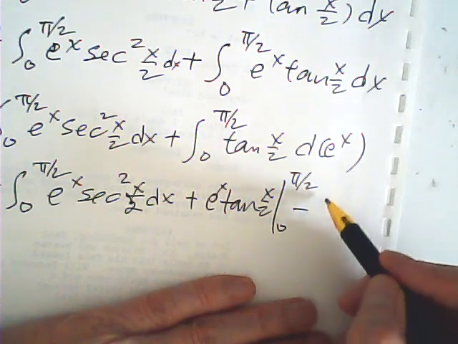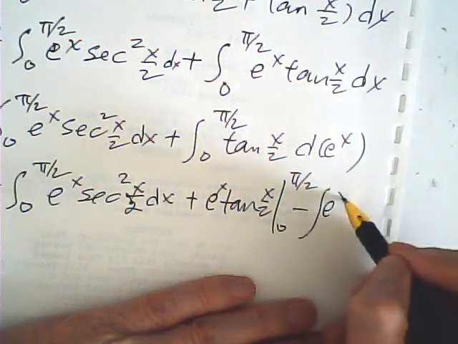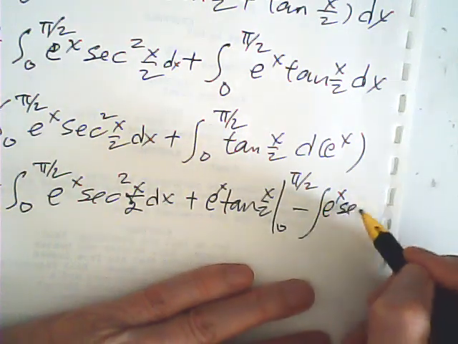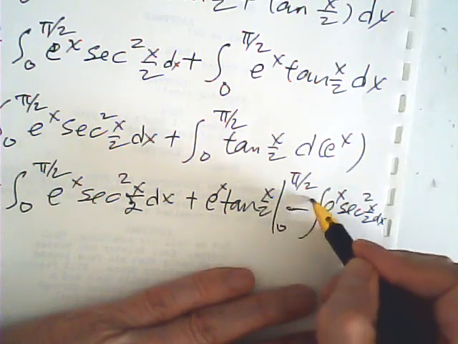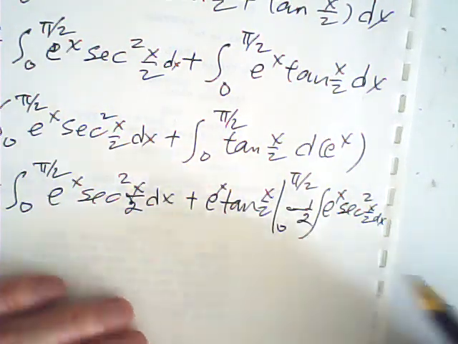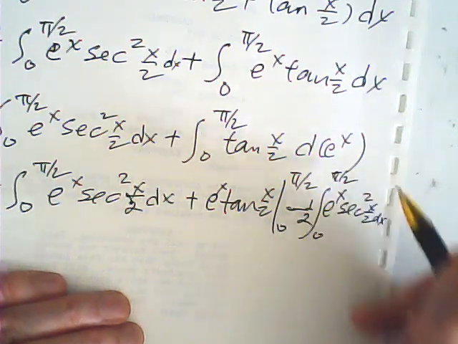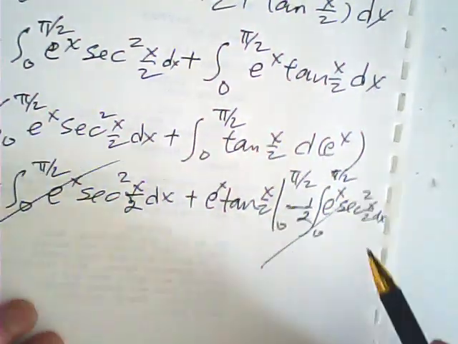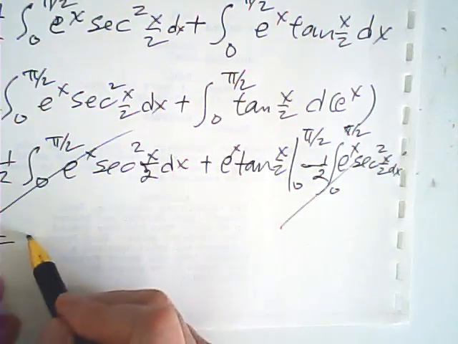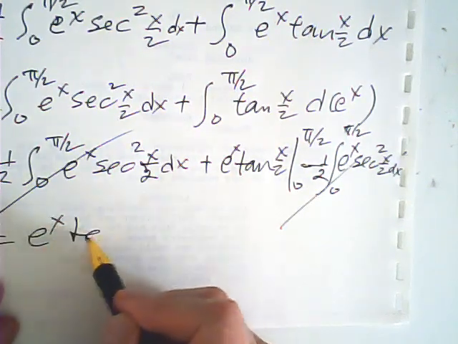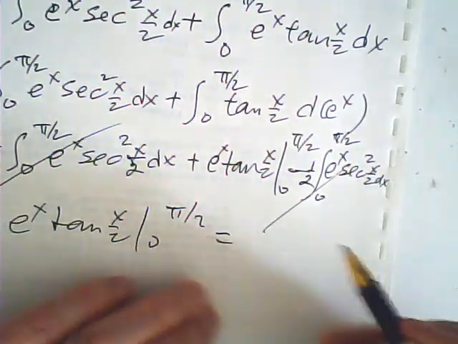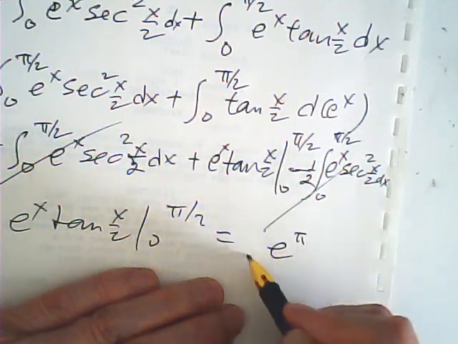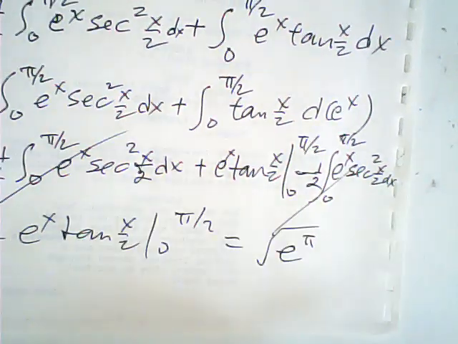V is this, du is secant square half x dx times half. So this one cancels with that one. So I end up with e^x tangent half x from 0 to half pi. So it's the same thing as before. This is method 2.